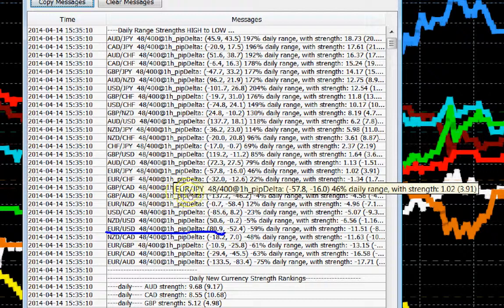So what this is telling us is that if we use a 48 SMA with a 1-hour bar over a 400 SMA 1-hour bar, we're going to see that euro US dollar is 80% up into its daily range. So it's 80% of its prior daily range. And it's also shown some pullback, which is interesting.